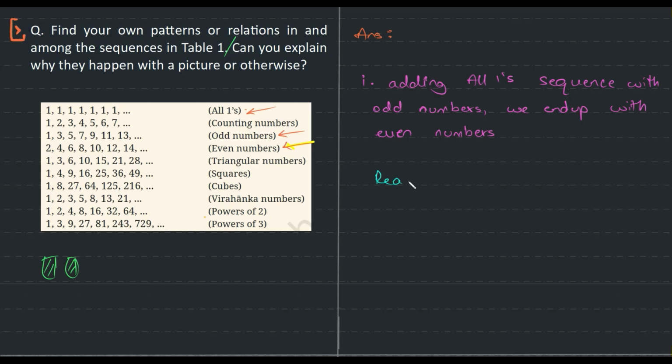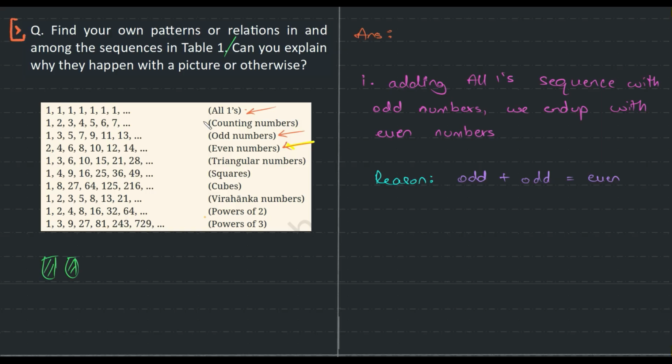Reason, we need to explain with reason also. Odd plus odd always gives us even, right? Next is, I'll give you one more clue.